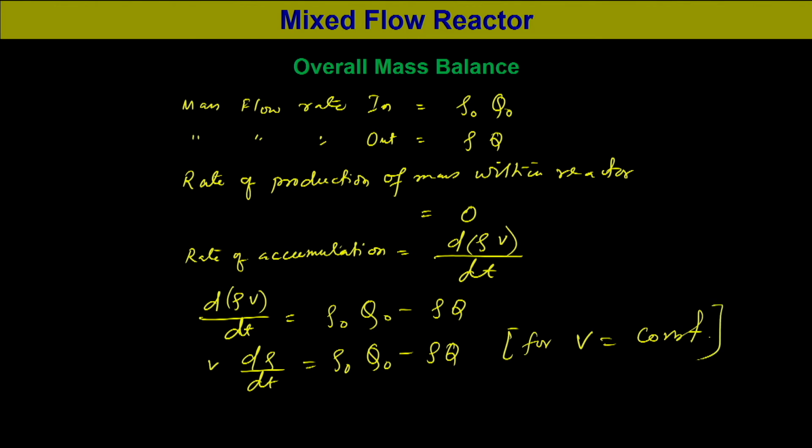Now, if we assume the density rho naught of the fluid is the same as the density inside the reactor at any time, then we can simply write Q is equal to Q naught. So, this is the overall mass balance relation.